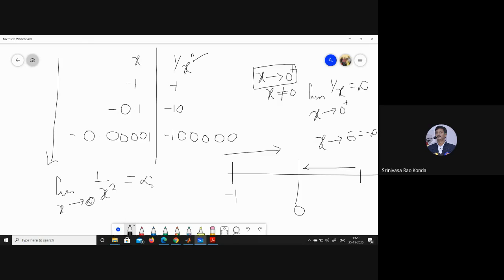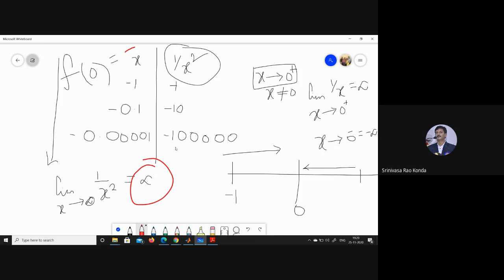But what is the value of f of 0? Suppose we take this f of x, f of 0 is not defined. Whereas the limit as x extends to 0 of 1 by x square is infinity. I hope you understand the difference between infinity and not defined numbers.